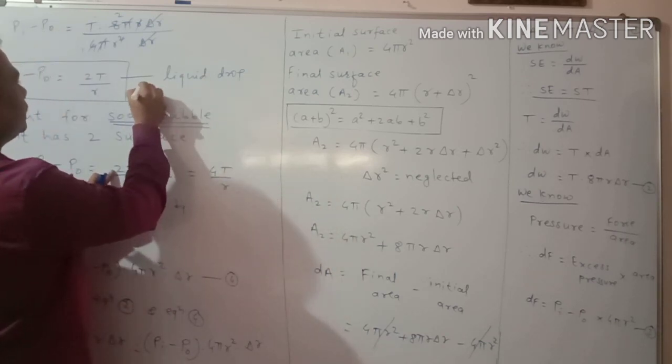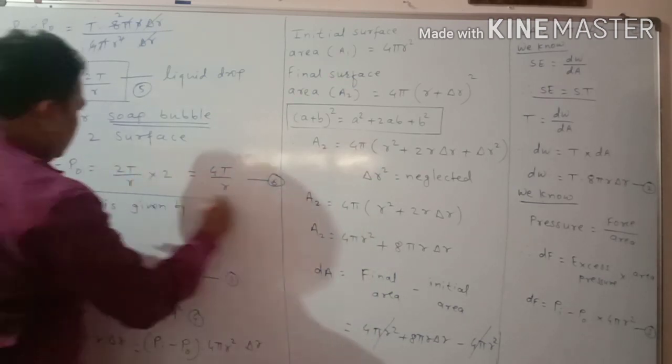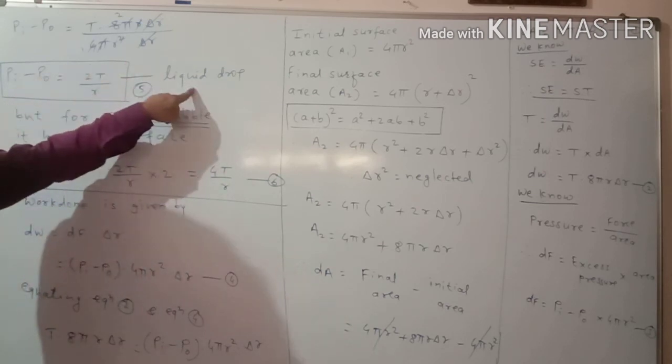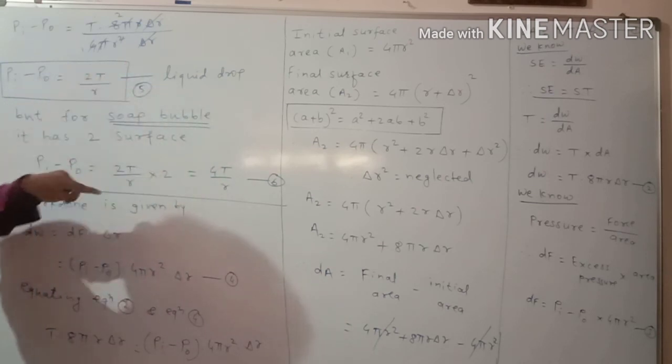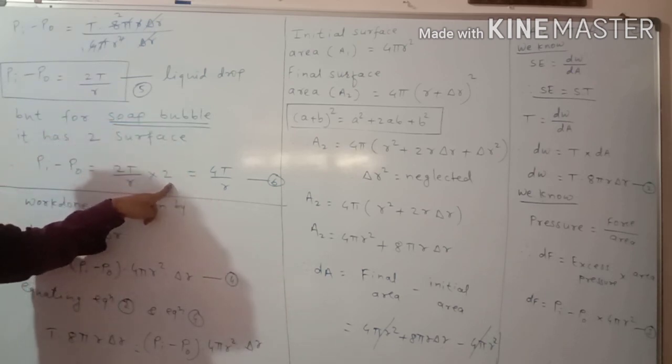Suppose this equation is 5, this one is 6. If it is excess pressure for a liquid drop, you have to use 2T by R, and for a soap bubble, you just have to multiply it by 2. Why?